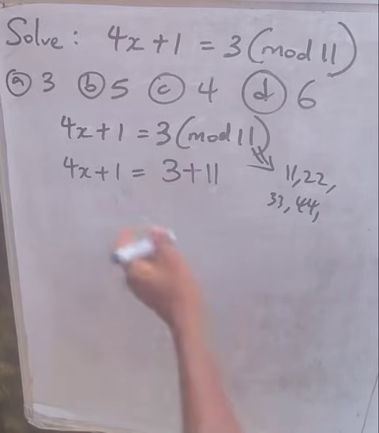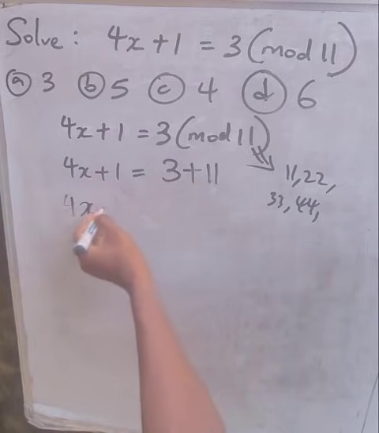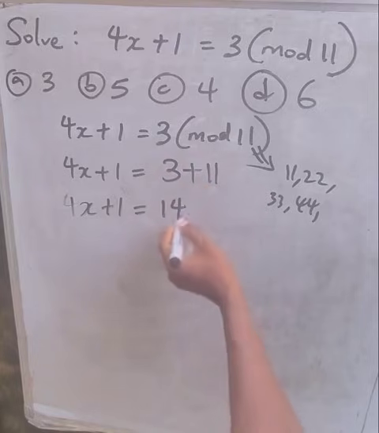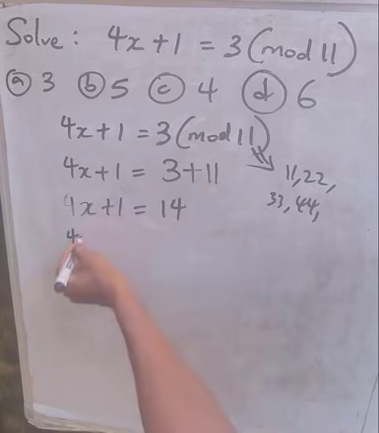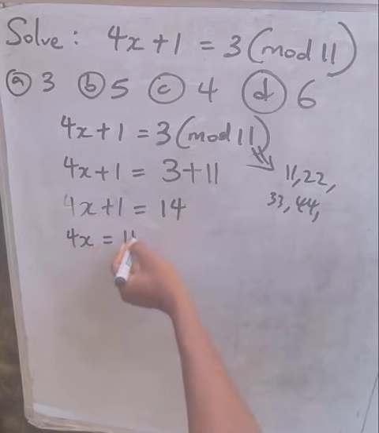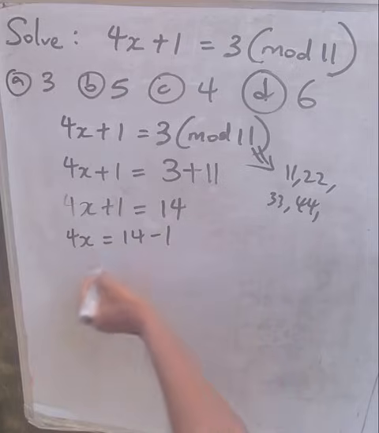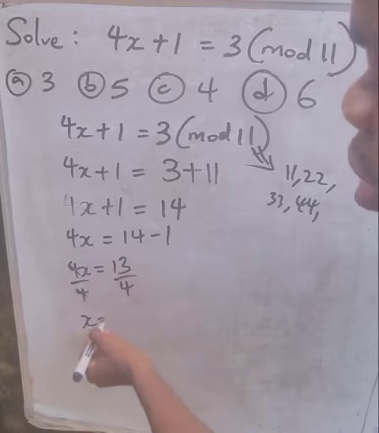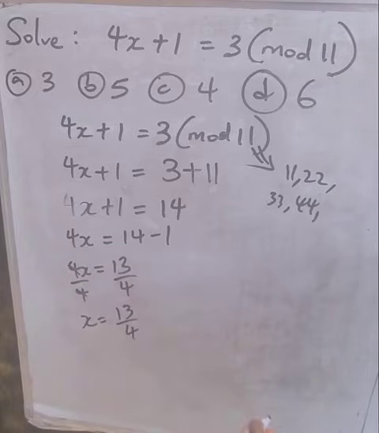Okay, so let's solve. 4x + 1 = 3 + 11, which gives you 14. Now 4x = 14 - 1, so 4x = 13. If you divide both sides by 4, x = 13/4.